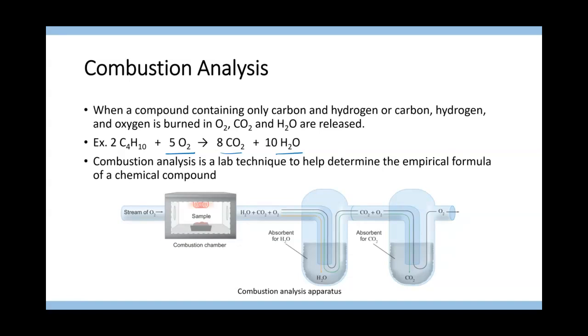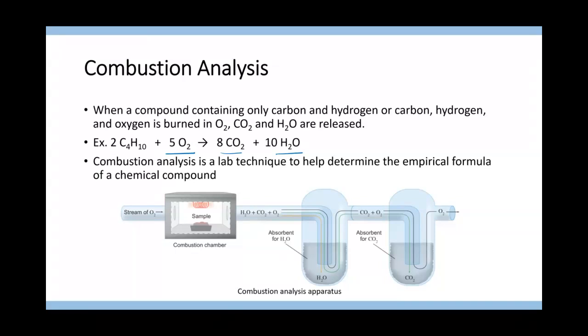So then the products go through a series of chambers. This first chamber is absorbent for H2O, for water. So any water that's produced will remain in this chamber. And then the second one is absorbent for CO2, carbon dioxide. So any CO2 that's produced will remain in this chamber. And then excess O2 can then be released.